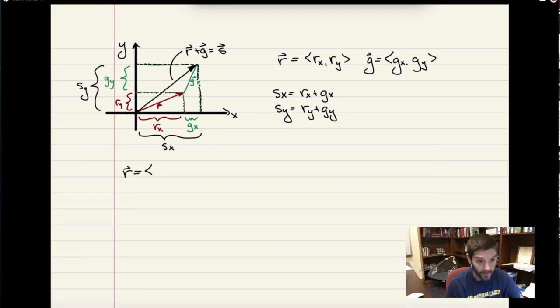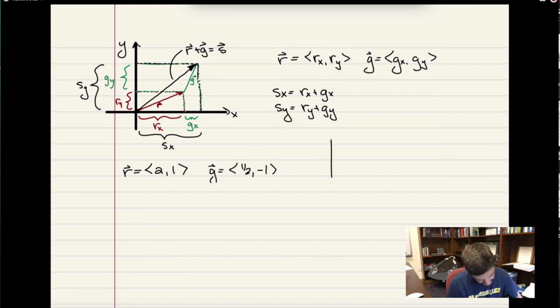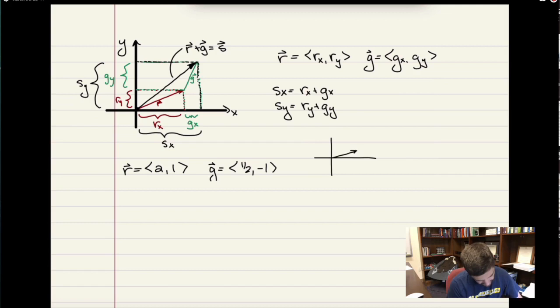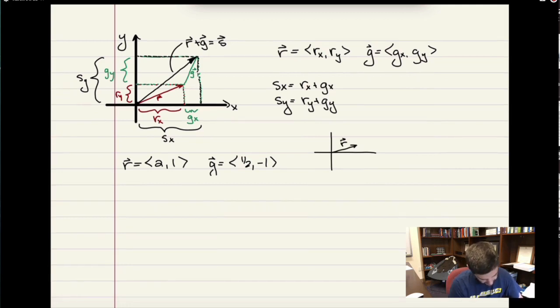So for example, if r equals, maybe it's the vector (2, 1), and then g is the vector, say, (1/2, -1). If I were to sketch this, I might say, okay, r goes over 2, up 1, so maybe that's r, and g goes to the right 1/2 and then down 1, so it might look something like this. That might be g.